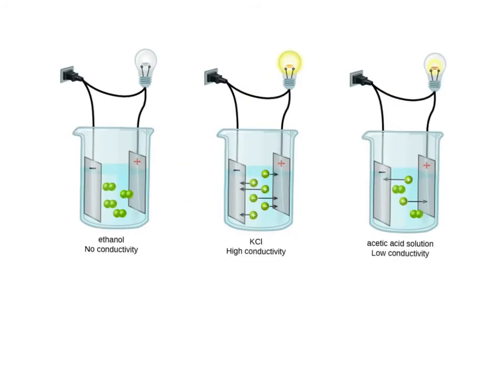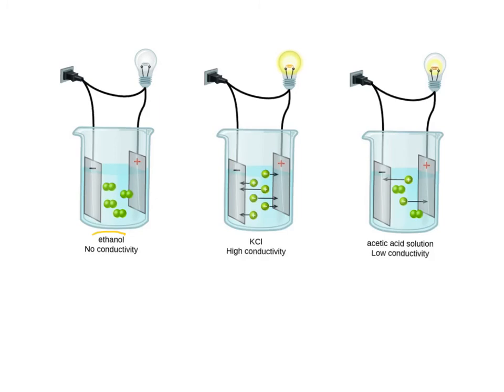So a pretty common demonstration in a chemistry classroom is to use a light bulb. You just plug the light bulb into an outlet, and you have two electrodes that you put into your solution.